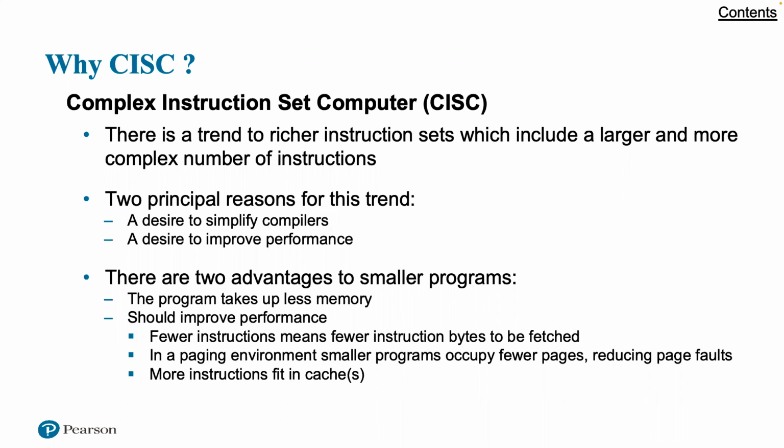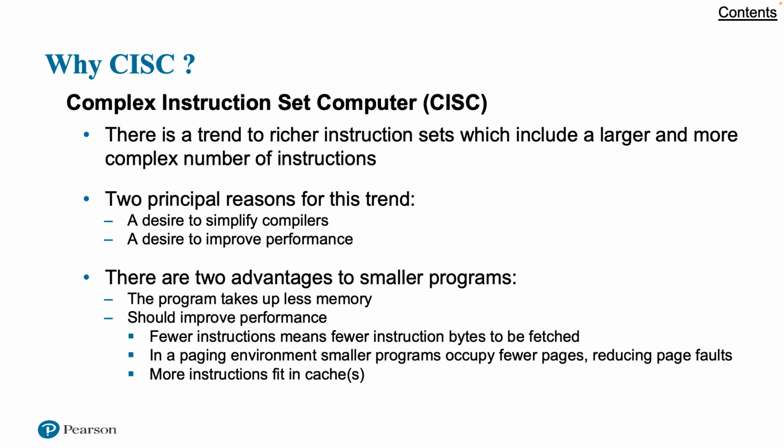We have noted the trend to richer instruction sets, and in previous lectures we talked about that, where users were asking for more and more ability to have surgical access and control. This includes a larger number of instructions and more complex instructions.